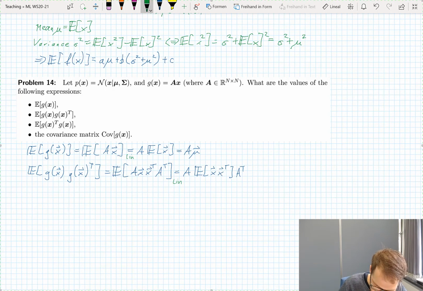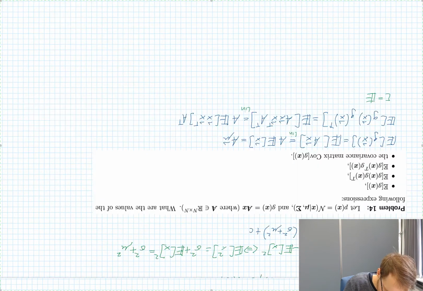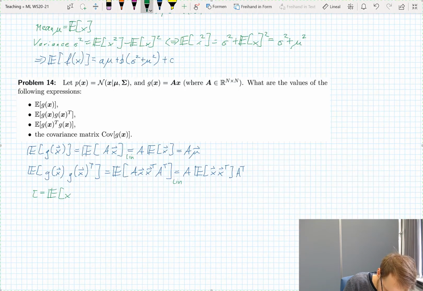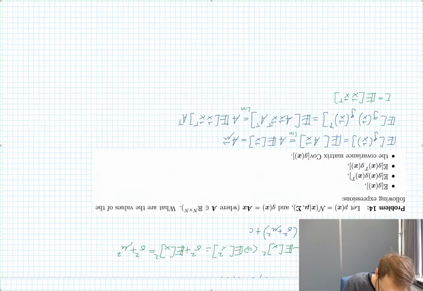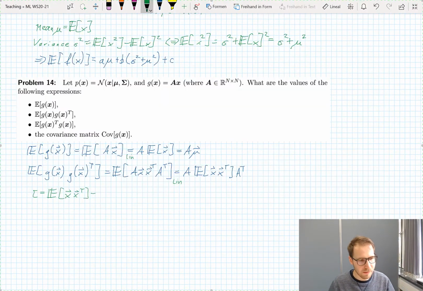And then regarding this stuff, we can again use the variance. So here our variance is defined as E of x x transposed. Well, actually it's the covariance matrix.